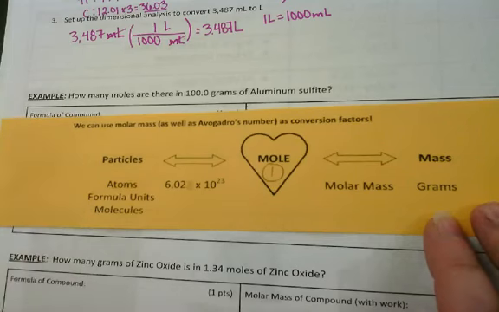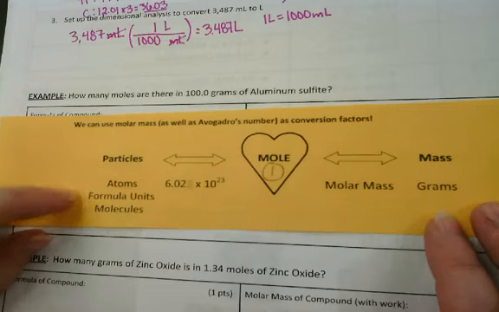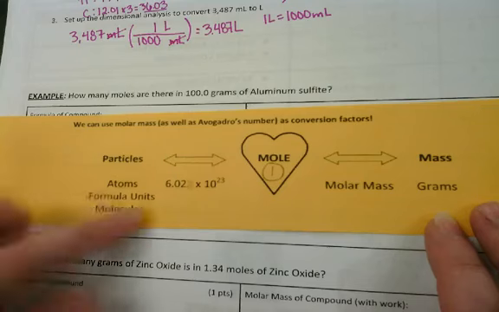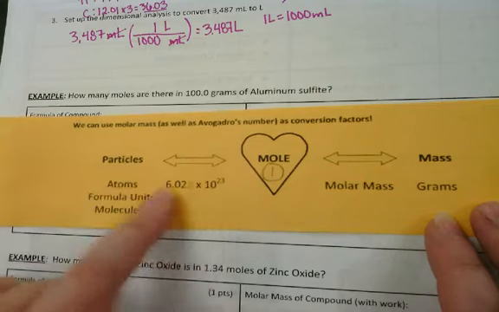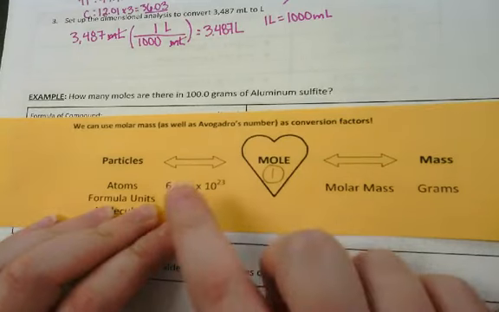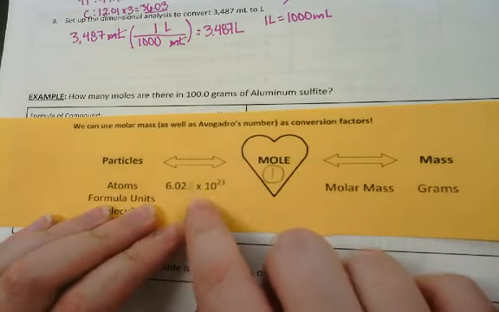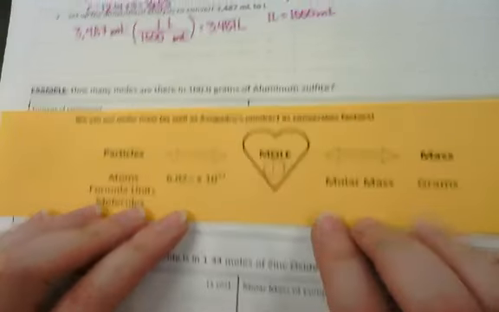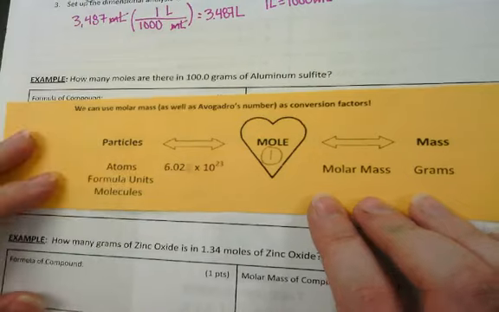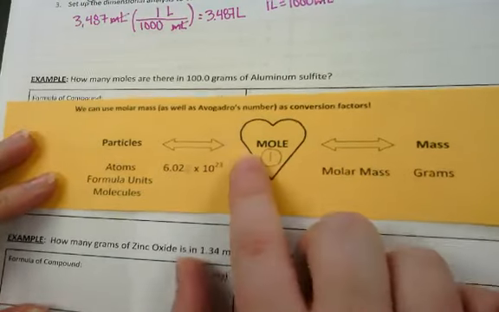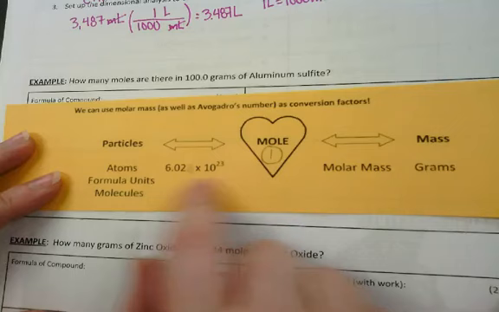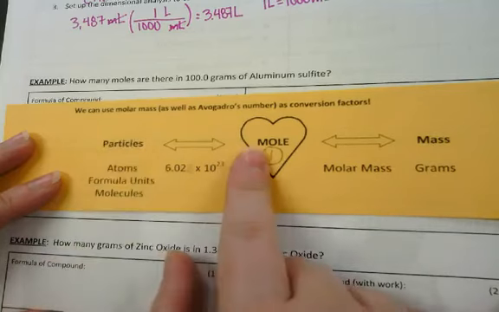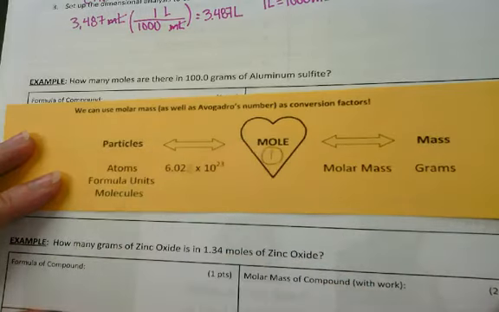Now, next class, we're going to be adding on a step, and we're going to be talking about particles. So particles is just kind of like this big umbrella term, and it can mean atoms, formula units, molecules. If you see any of these words here, then you're going to particles, and you're going to be using this number here. This is Avogadro's number. This is on your formula chart, as well as here on this mole heart that you get to use. So instead of using molar mass to go from grams to moles, you can use Avogadro's number to go from particles to moles or moles to particles.